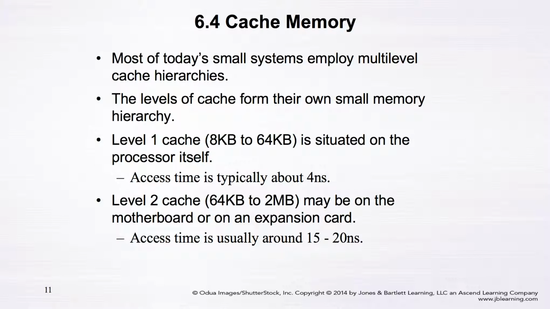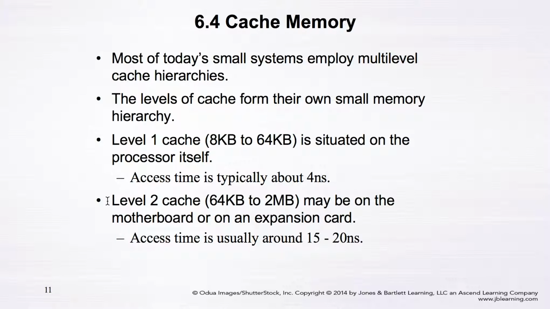Most of today's small systems employ a multi-level cache hierarchy. Actually, the levels of cache form their own small memory hierarchy. For example, the level 1 cache usually has a capacity of 8 kilobytes to 64 kilobytes, and is usually situated on the processor itself. The level 1 cache has a much smaller access time, around 4 nanoseconds.